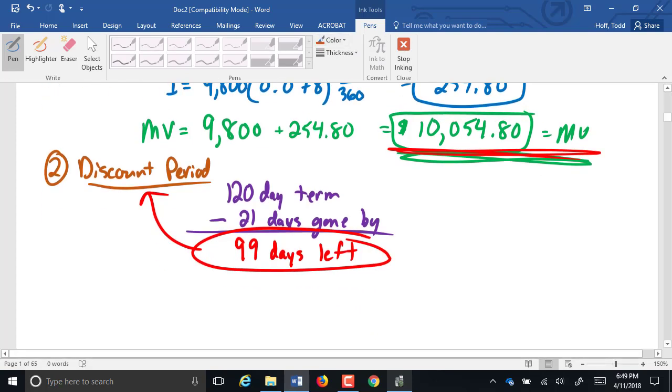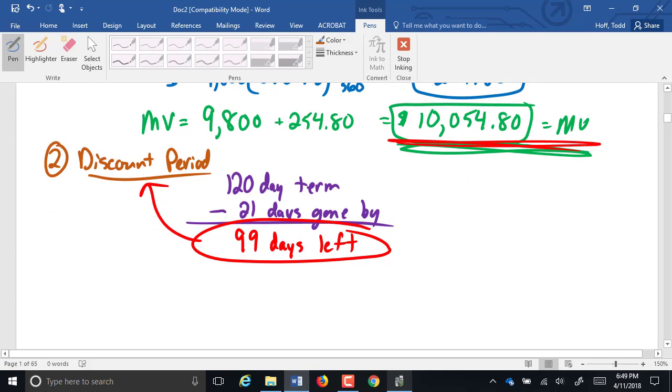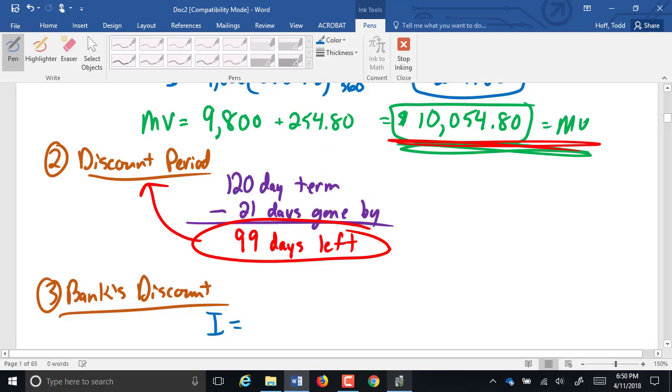What's step 3? Find the bank's discount, which is just I equals PRT. What do we use for P? Perfect. Use that maturity value, the 10,054.80. What's our rate? 9.3, so 0.093 is our rate.